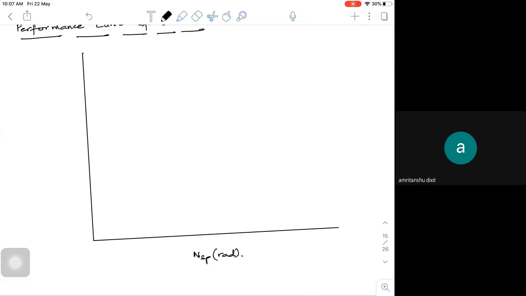On my y-axis, I have efficiency in percentage, or it can be in terms of decimal also. If I go by the scale up to 80%, because 60, 70 and so on is very difficult to get, so 80, 85.